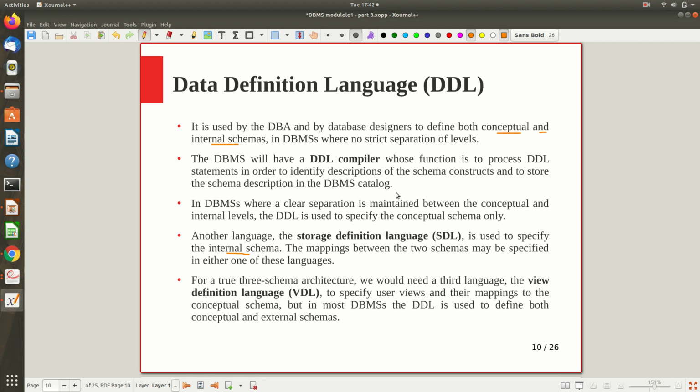In your high level language, such as Java, you will embed the queries you want from the database, and this DDL compiler will analyze your application program and interpret only those core statements dealing with the actual database. The data definition language related queries will be separated from the application program using this DDL compiler.